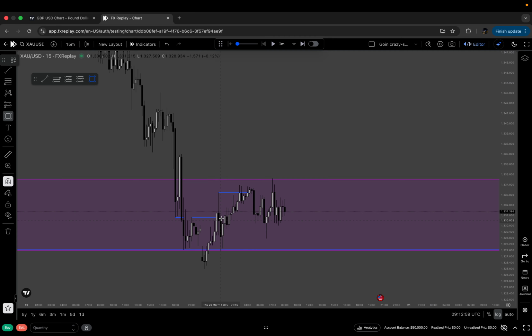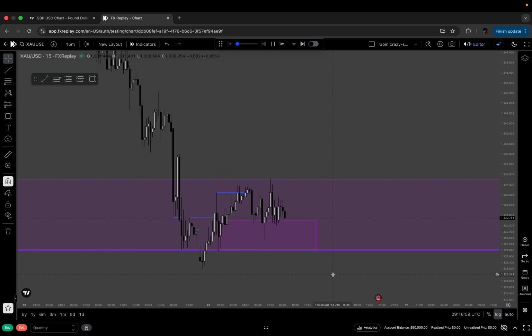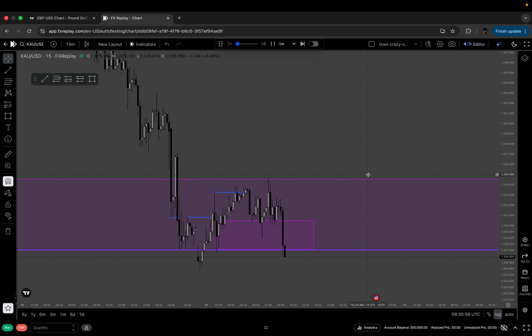So price is currently reacting off this kind of order block here. Let's see if it ends up holding. Okay.